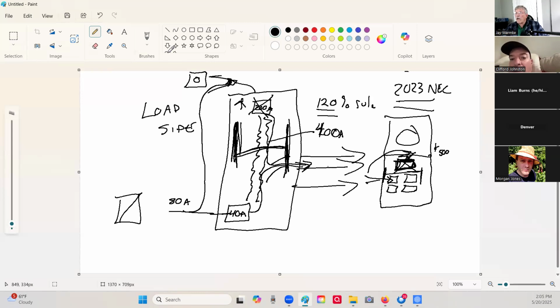Okay. Well, if they're all intermixed in here, they've got to be separated. All of the grounds have to go to one bus bar, all of the neutrals have to go to the other bus bar, and any kind of connection between the two of them has to be disconnected. Otherwise, you're going to get a ground loop, and that causes interference in your electrical signal.